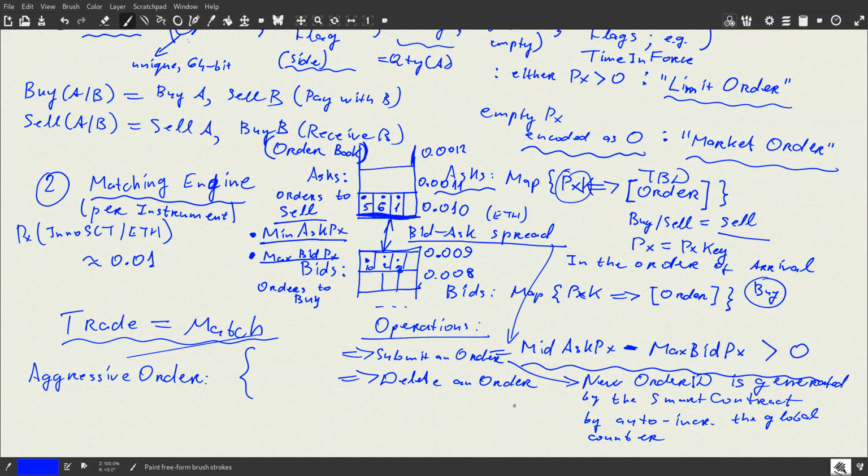It is not possible to modify an order in place. That's a very standard situation actually in exchanges. So there are no in-place updates.